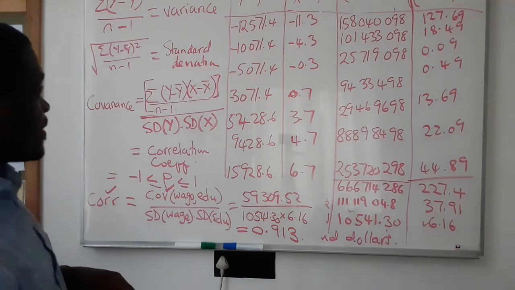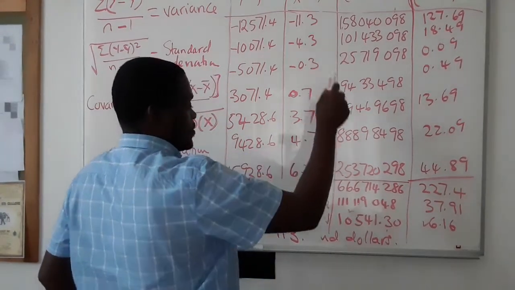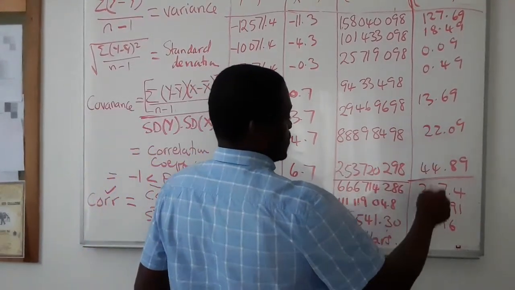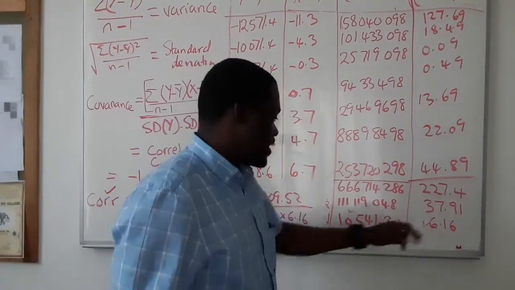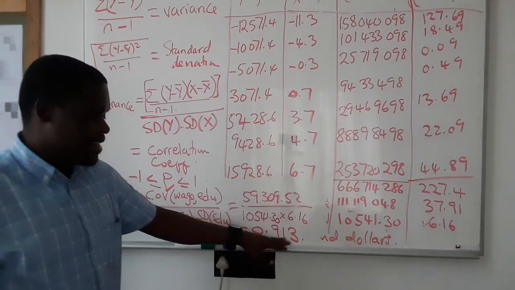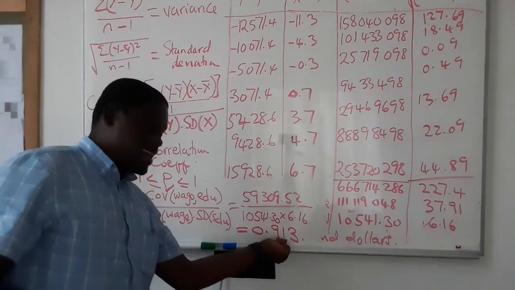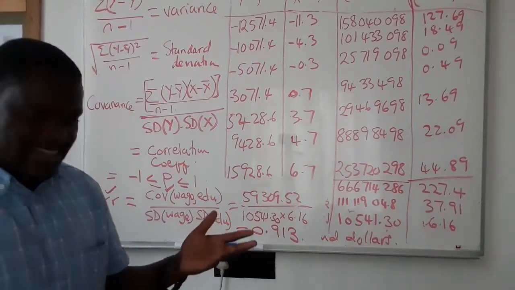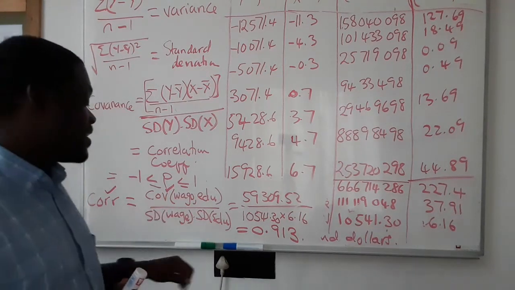What matters is that we found the variance of wages, and we got the standard deviation, and the variance of education, and its standard deviation. Using these two standard deviations, we adjusted the covariance to get a measure which is not sensitive to units of measurement, because this number is a pure number. It doesn't have dollars, rands, or years. It's just a pure number like 1.